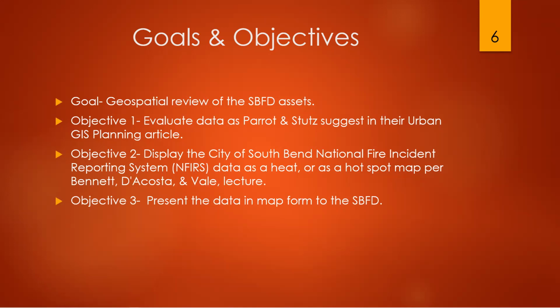The second objective is to display their National Fire Incident Reporting, or NFIRS. There is a database that they keep at the state and national levels that tracks every call that comes in for 911 and what they were dispatched for.